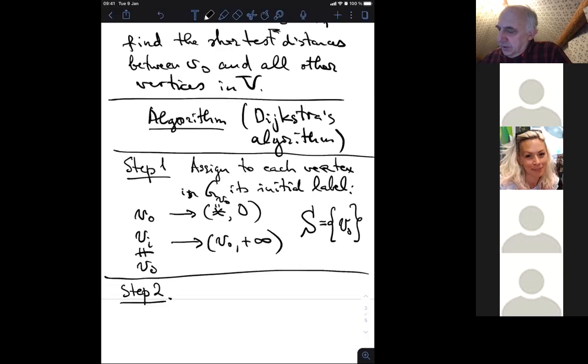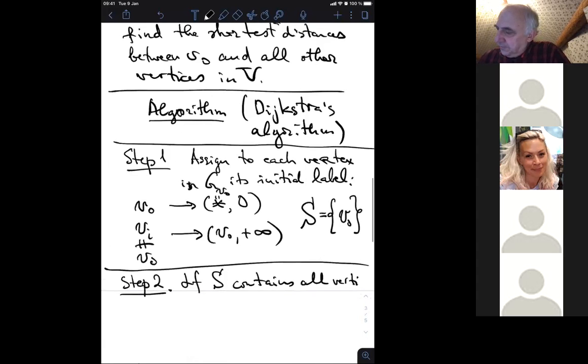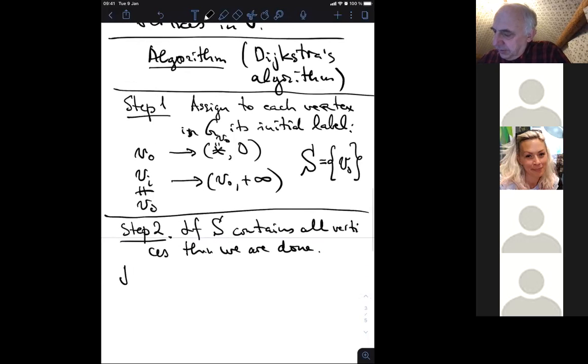Okay, step 2, this would be the major step. If S contains all vertices, then we are done. If not, then we do the following, and this is the most important thing.